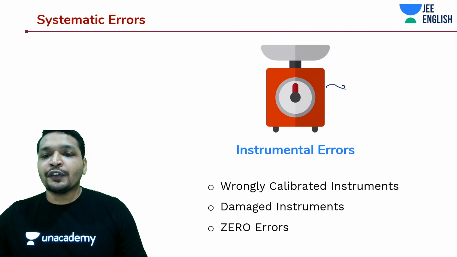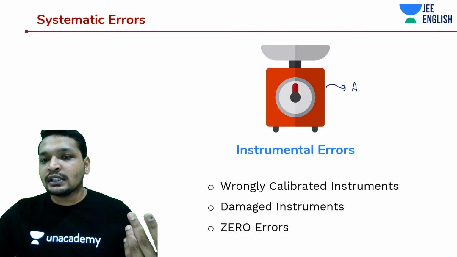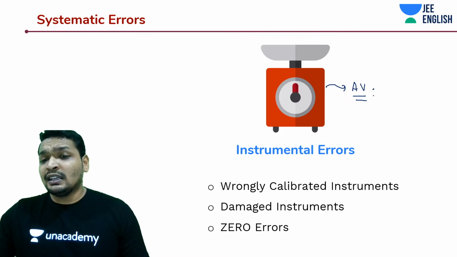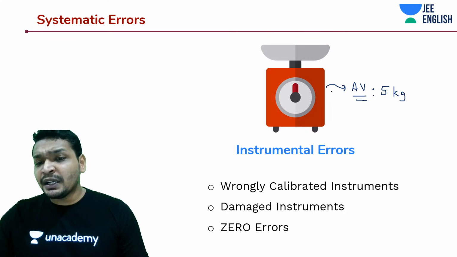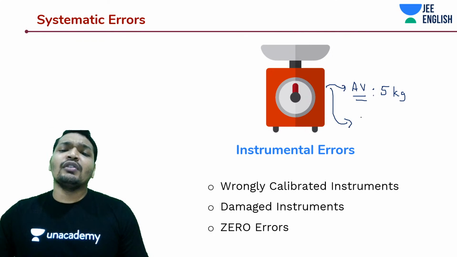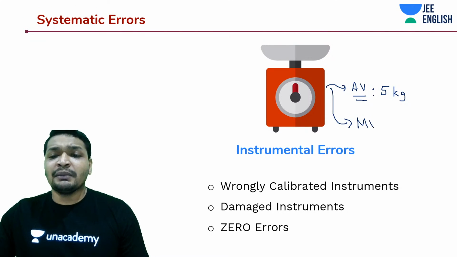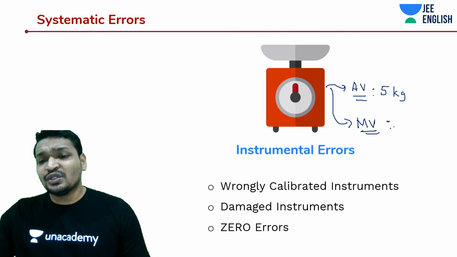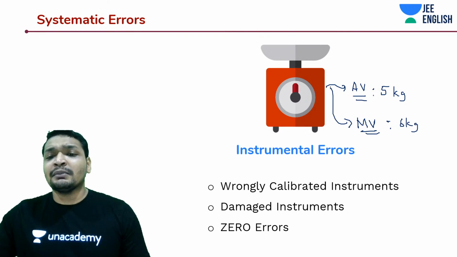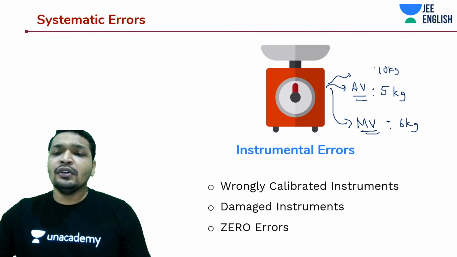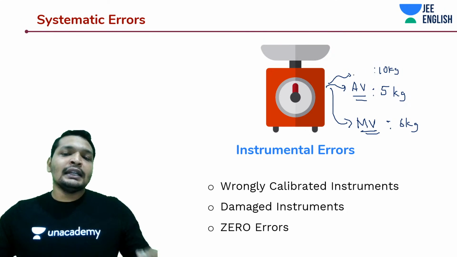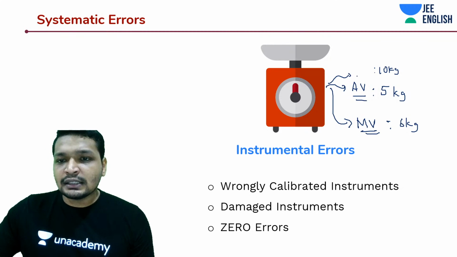Whatever you do, the actual value, let's say, is 5 kg, but always and always your weighing scale measures it as something around 6 kgs. So that's a lot of error, and you're measuring something like 10 kgs and getting something else.